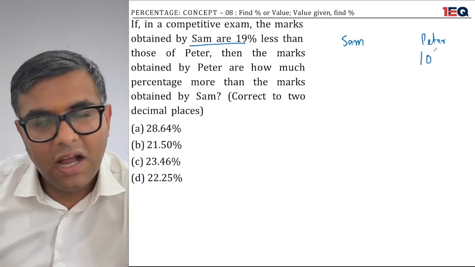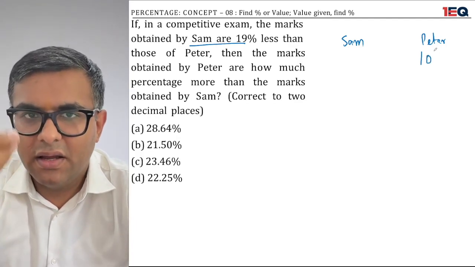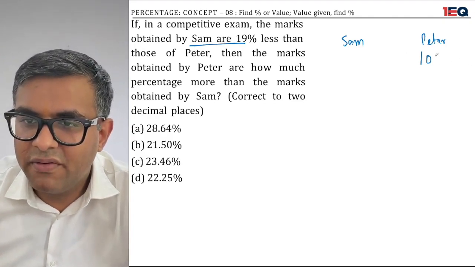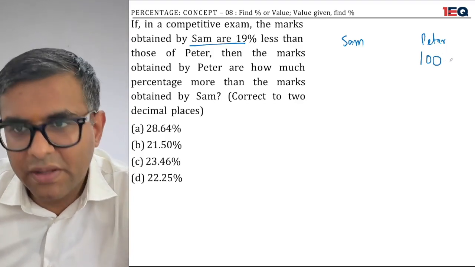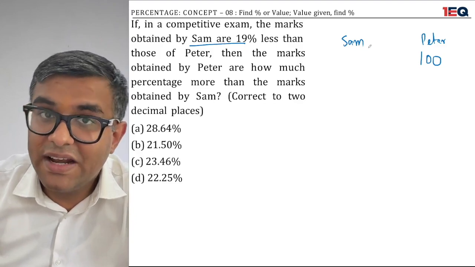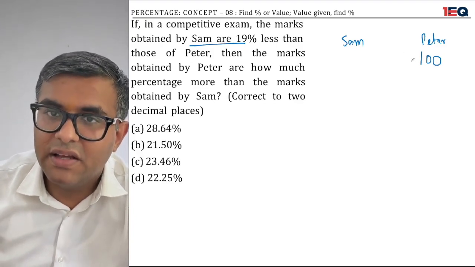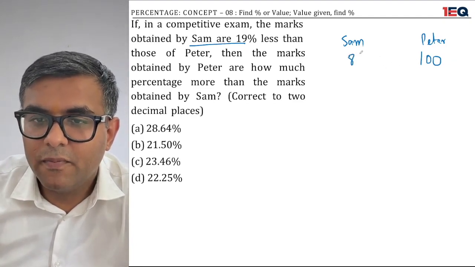I've always told you, 100 is the benchmark, 100 is the key. In percentage or any other chapter, the strongest and most accurate assumption you can make is keeping the other value 100. If Peter is scoring 100 marks, Sam is scoring 19% less. 19% less of 100 is equal to 100 minus 19, that is equal to 81.